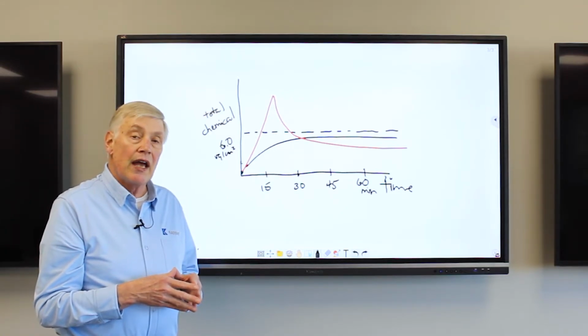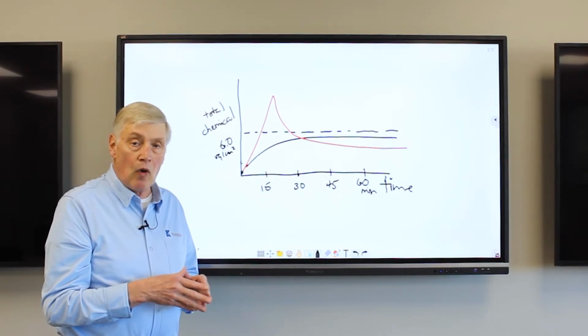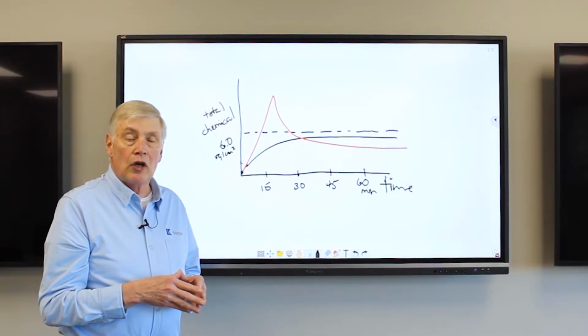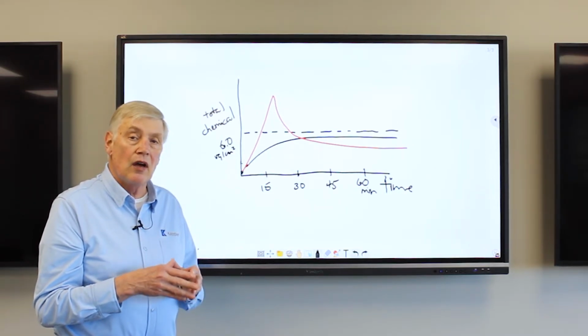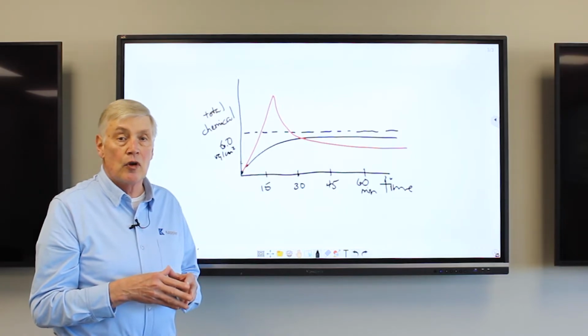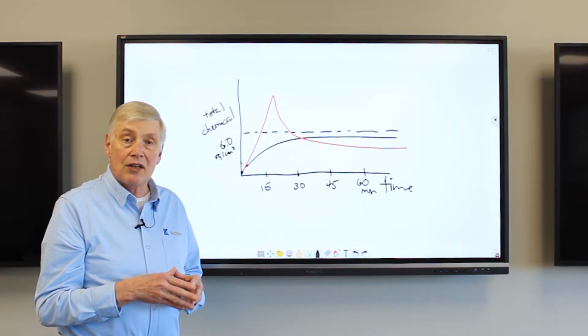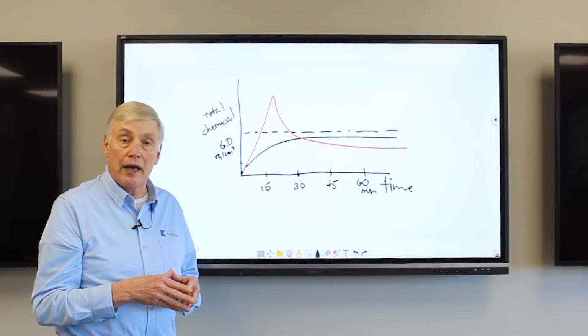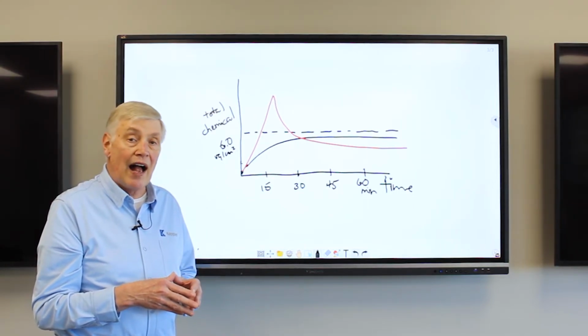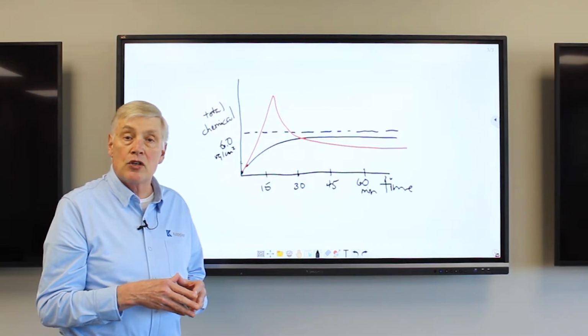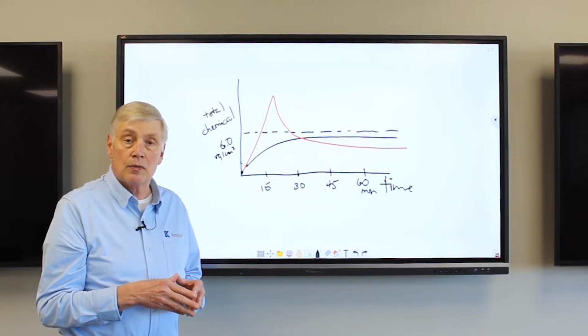And basically it said, rather than looking at that rate, we want to look at the total quantity of chemical that comes through a surface area over time. And that is the approach that the military had used for years in evaluating permeation of chemical warfare agents.